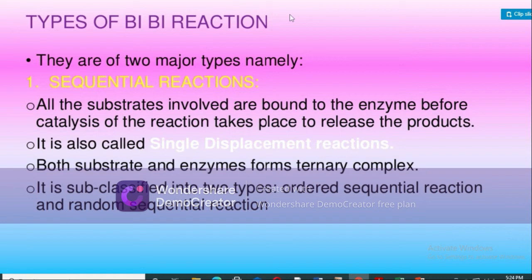So that is why we call it random. But for ordered, the first substrate must bind, followed by the second substrate. But for the random, both substrates have equal chance of binding to the enzyme.